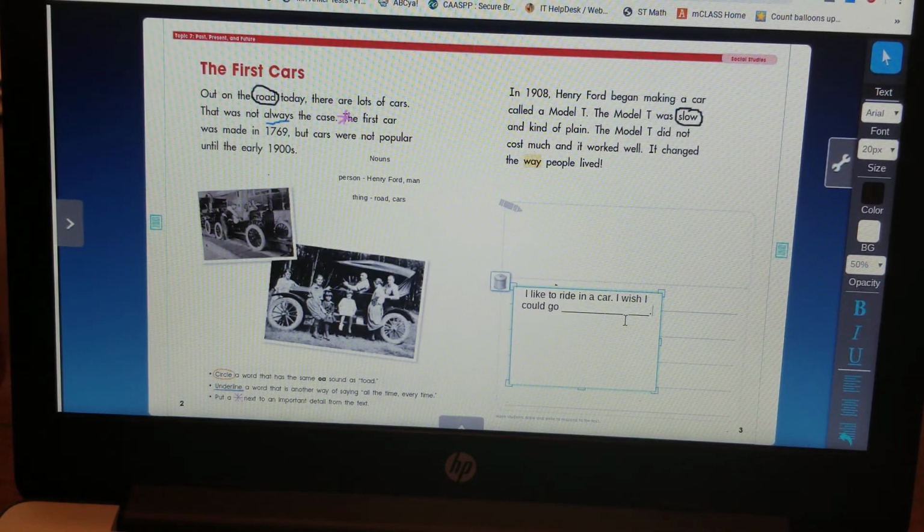Wherever you say you're going, your picture needs to show that. If you go to the beach, you need a picture of you at the beach. If you go to the park, you need a picture of you in the park. If you go to your cousin's house or somewhere else, you need to show that in the picture. Okay. And please don't forget, you will need to read this story again.